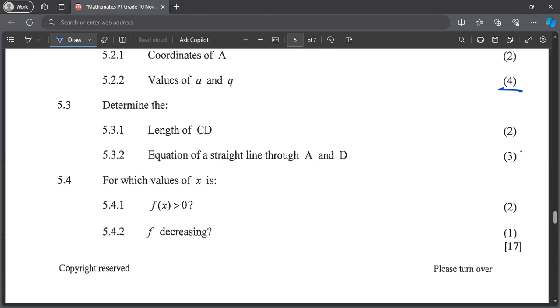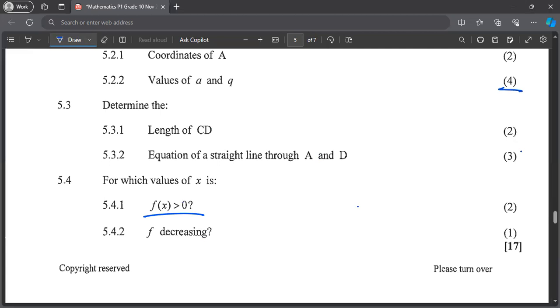Now the first one says, for which values of x is f of x greater than 0? So how do you interpret this? When they say f of x is greater than 0, they mean the y values on the function of f are positive.